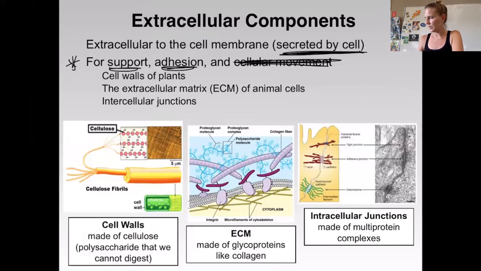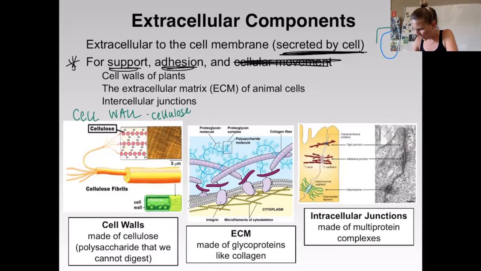And the big examples of this are the cell wall, which how awesome that you know a little bit about a cell wall already. It's made of cellulose. It actually occurs on the outside of the plasma membrane. So if we have the plasma membrane of a plant cell there, then we have this rigid cell wall outside. So what that means is that it was secreted out of the cell in order to make it, right?